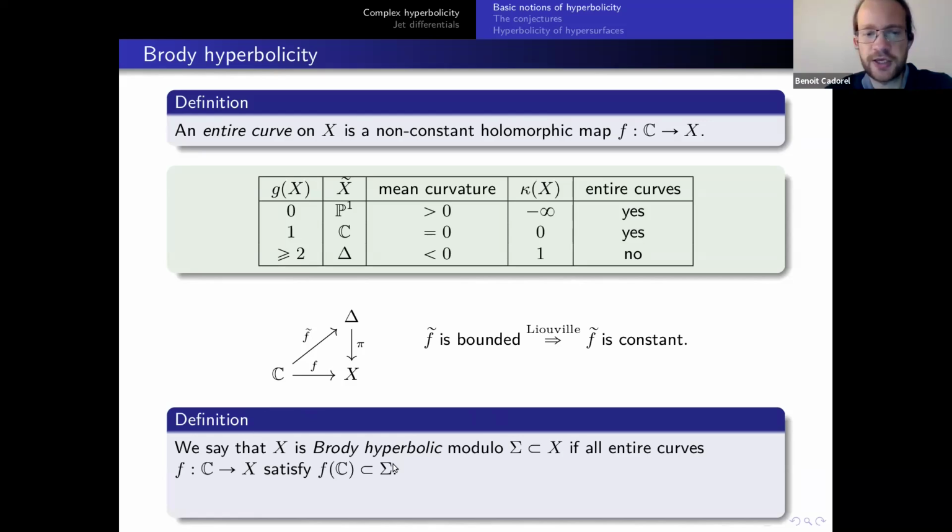And we simply say that X is Brody hyperbolic, or just hyperbolic for short, at least when X is projective, if you can take this set to be empty, or in other words, there is no entire curve on X. So you see that the projective curves which are Brody hyperbolic are the ones which have genus higher than 2. So we qualify them as hyperbolic. You see a possible justification for this terminology of hyperbolic.